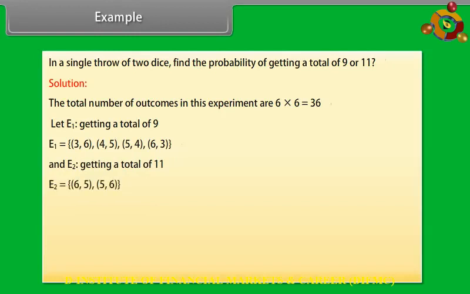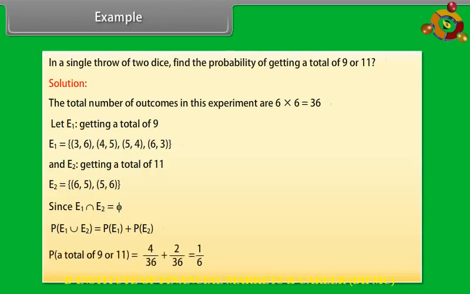E2 is equal to (6,5), (5,6). Since E1 intersection E2 is equal to empty set, P(E1 union E2) is equal to P(E1) plus P(E2). P(a total of 9 or 11) is equal to 4 by 36 plus 2 by 36 is equal to 1 by 6.